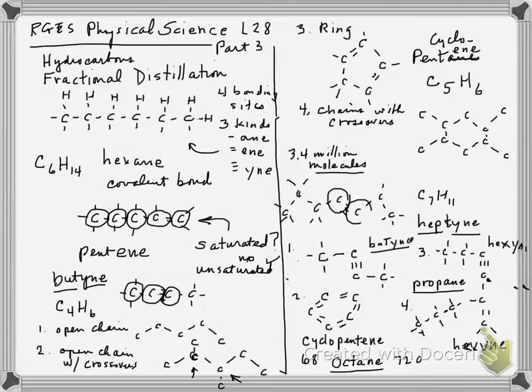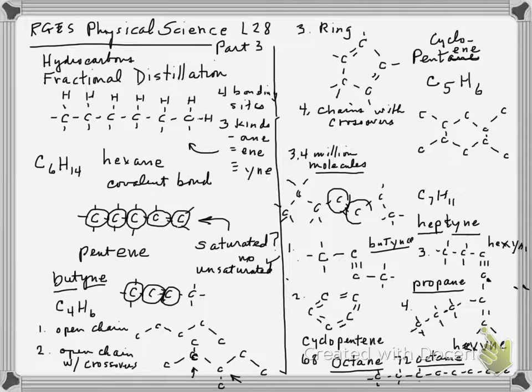It's got more octane. Now, octane is just the 8 carbon chain. 1, 2, 3, 4, 5, 6, 7, 8. I think that's 8 right there. And so octane means it only has single bonds, and then it's got hydrogens all the way around.